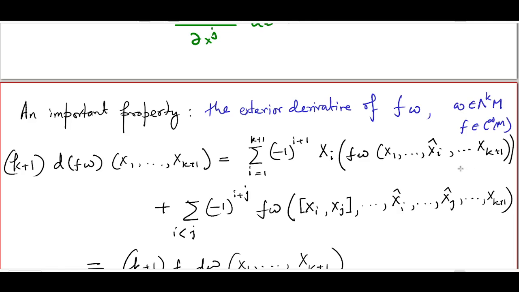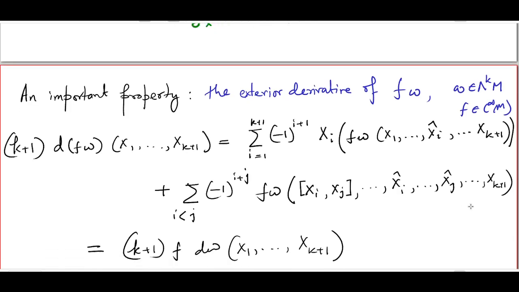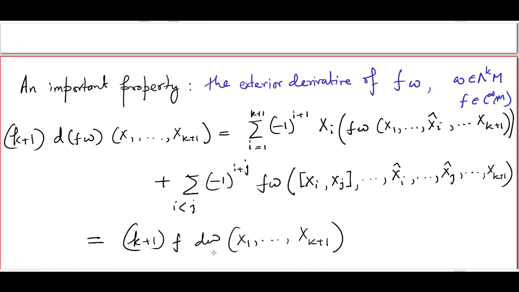And using the fact that a vector field acting on a product of functions has a derivative property, this splits up into two terms. One of which is f times xi acting on omega x1 through xk plus 1, which along with this term gives you f times exactly what d omega did when it acted upon x1 through xk plus 1.